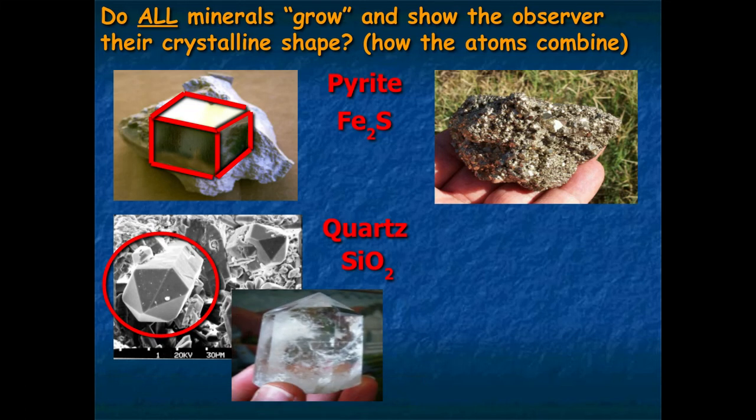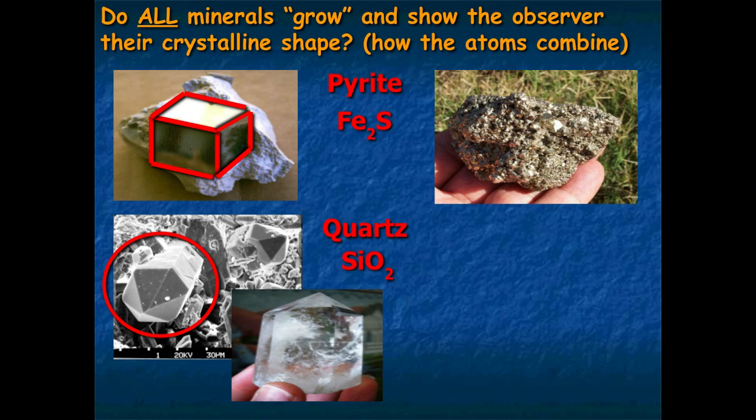Here then is an actual hand specimen of a quartz crystal. And if you look closely, you should see that the hand specimen looks exactly like the electron scanning microscope picture. So the point here is that when you're looking at a crystal and the crystalline structure, the actual crystal faces that are formed, you're really looking at the atoms.